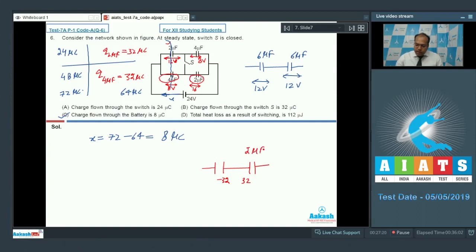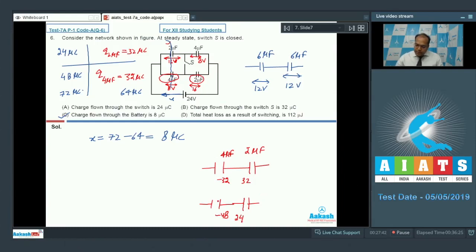This is 2 microfarad and it is 4 microfarad. When the switch S is closed, the charge on this plate would be 4 into 12, that is 48, so it is minus 48 microcoulomb, and here it is 2 into 12, that is 24 microcoulomb.